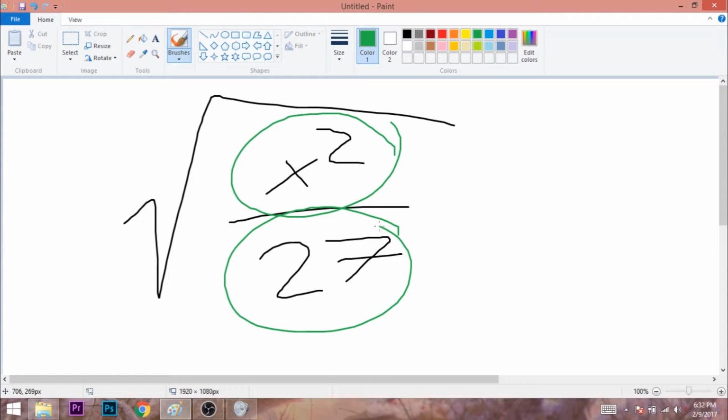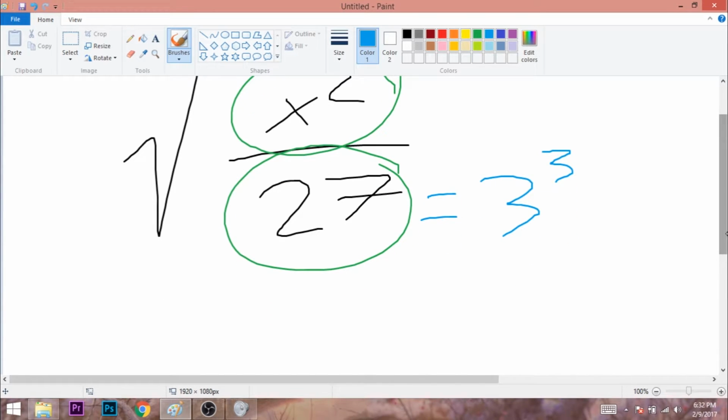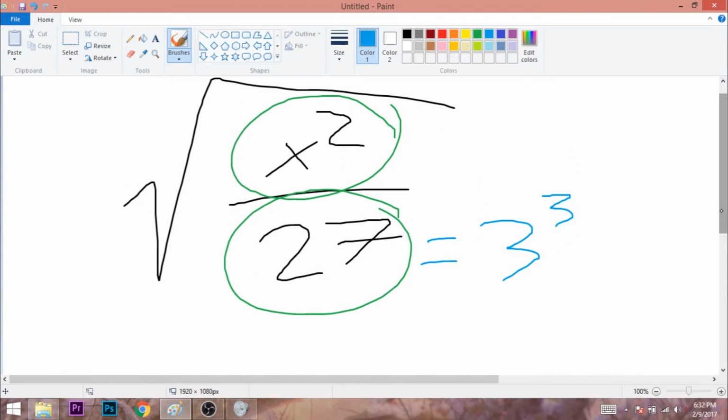X squared is already simplified as much as possible, but 27, what base number raised to another number is equal to 27? Well, we know that 3 raised to the third power is 27, right? So we're going to have 3 raised to the third power equal to 27.